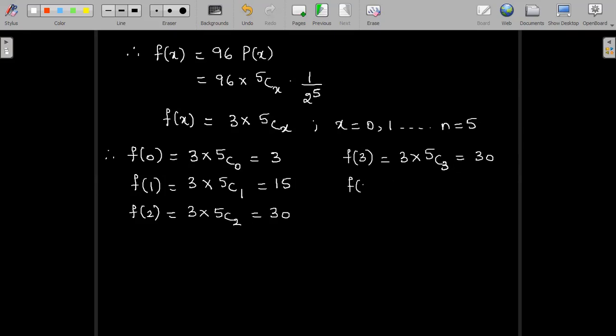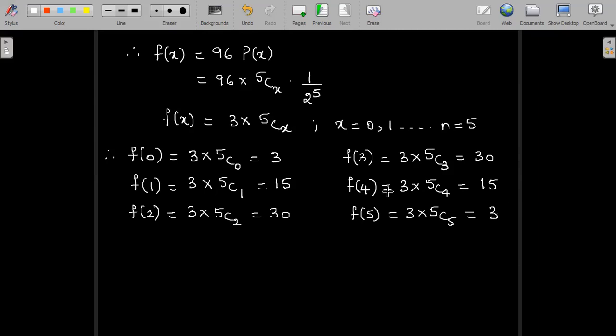f of 4 is 3 into 5C4, which is 15. And lastly, f of 5, because x takes the value from 0 to 5 only. So this gives 3 into 5C5, which is 3.